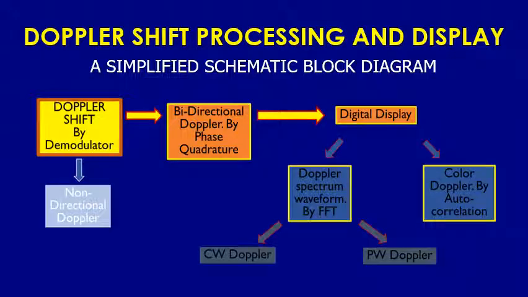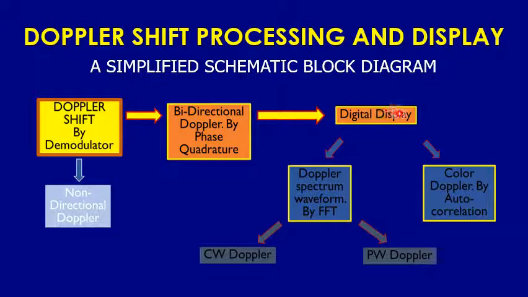So here is the simplified block diagram for this phase quadrature. The Doppler shift is sent to the phase quadrature, which analyzes and detects whether the flow is away or toward the transducer.